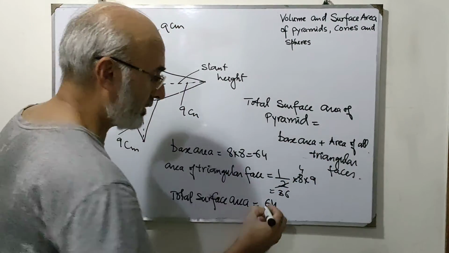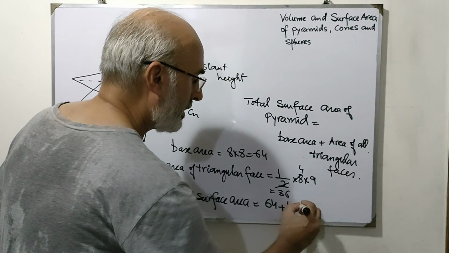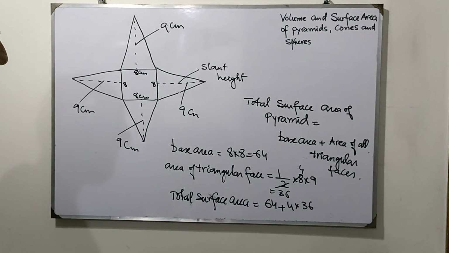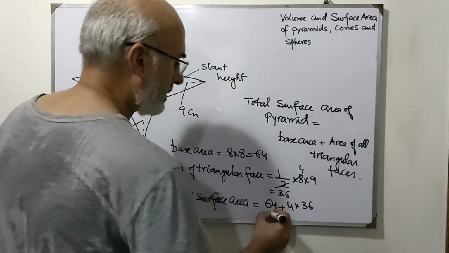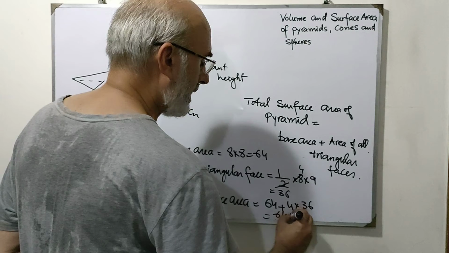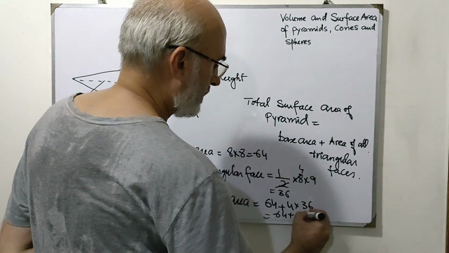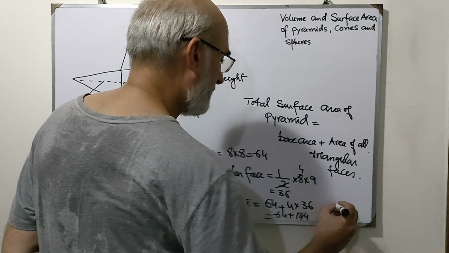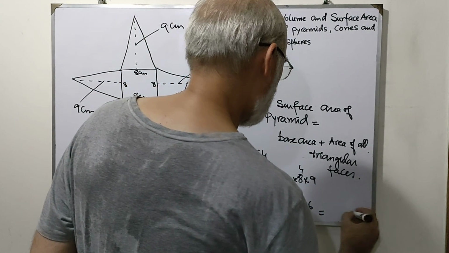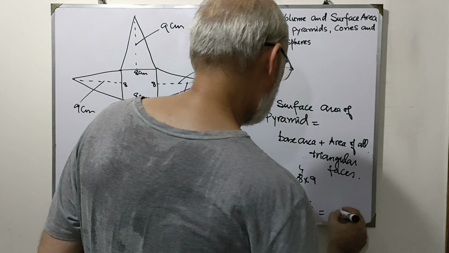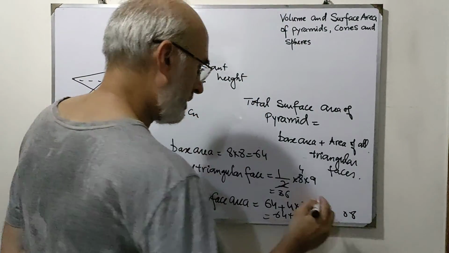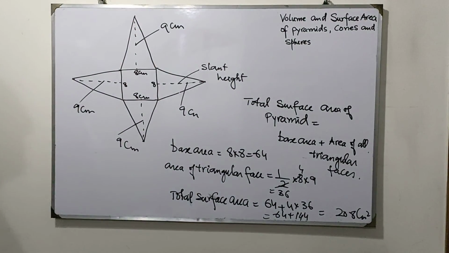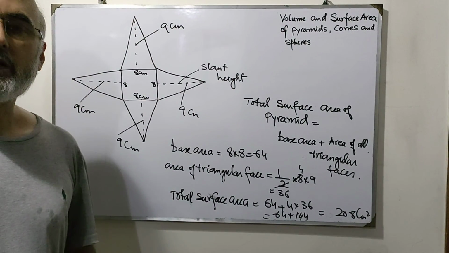There are 4 triangular faces, so plus 4 into 36, which is 64 plus 144. So we have here 208 centimeter square. This is the total surface area of the pyramid.